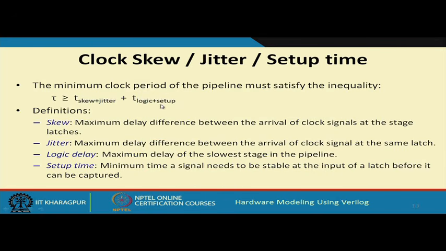So, there are some other issues like clock skew and jitter. You see, clock frequency does not only depend on the logic delay and the time you need to set and reset the latch. There are other times called skew, jitter and the setup time. Skew means the clock signal might get delayed on its way to the different flip flops and latches.